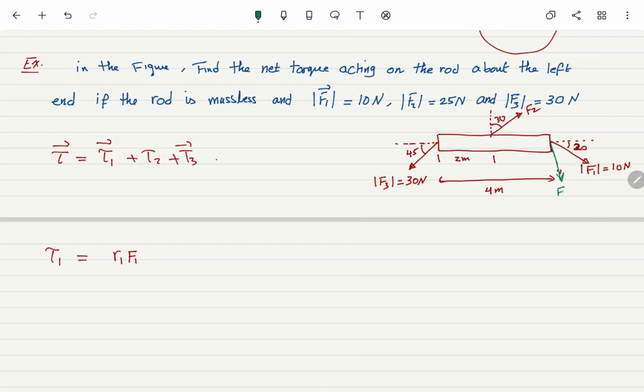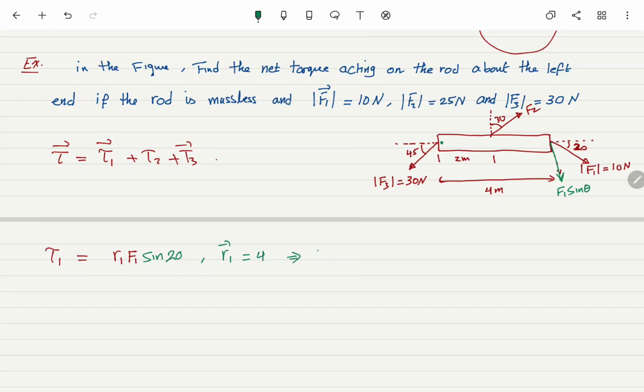So F1 sine theta, which in this case has theta equal to 20 degrees. Torque 1 equals R1 F1 sine 20, and remember this is the pivot, so R1 equals 4.